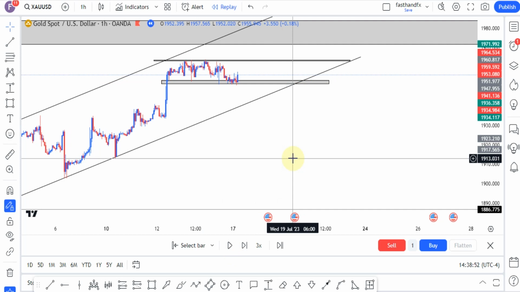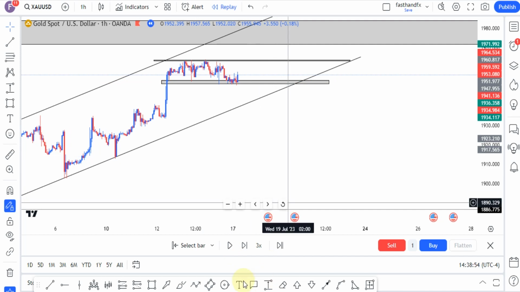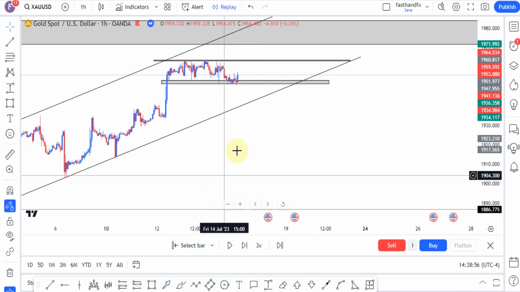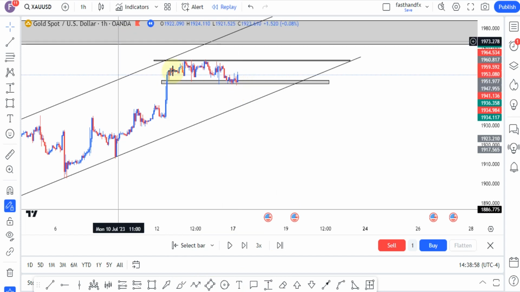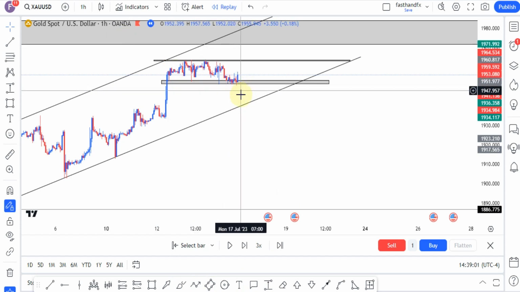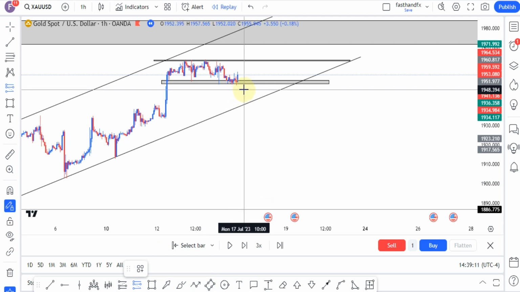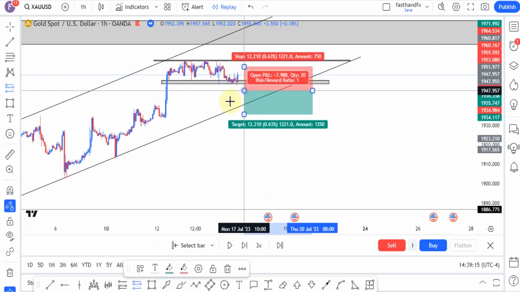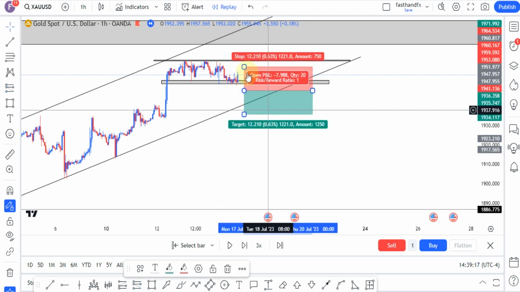So what do you expect? We expect if the market does break below this area and this 1 hour candlestick closes below this area, then we should take a sell. And when you take a sell at this point, let's say for instance you've taken a sell at this point, what should you expect? The market does break below this area, then you've taken your sell at that point.